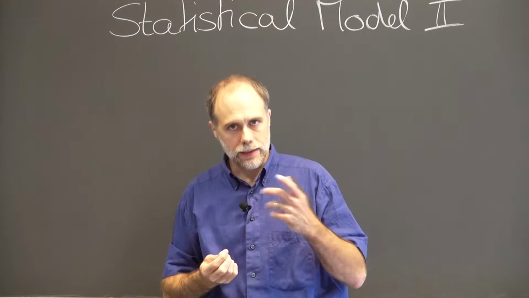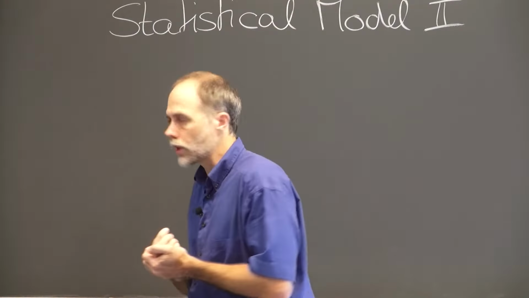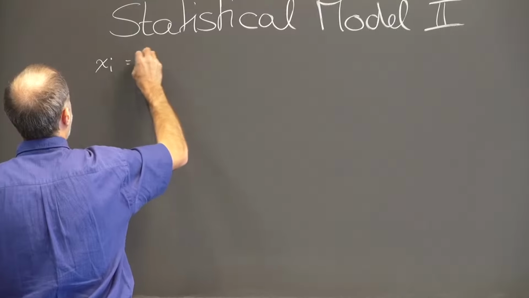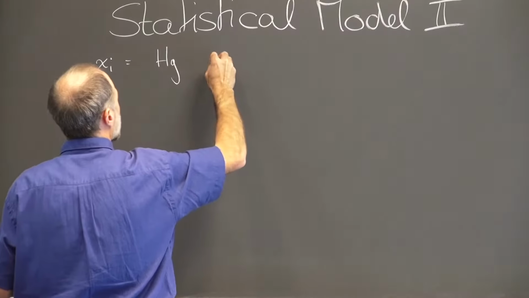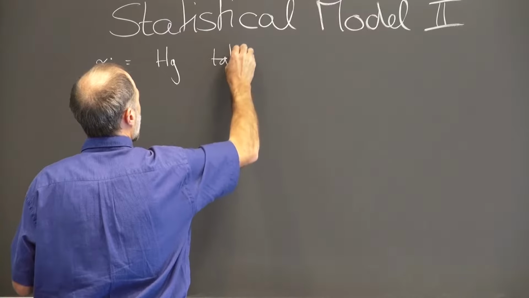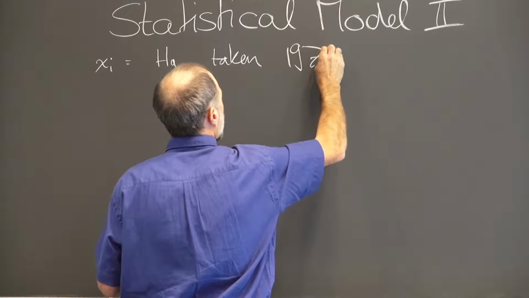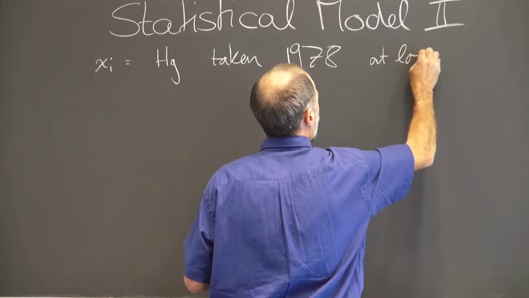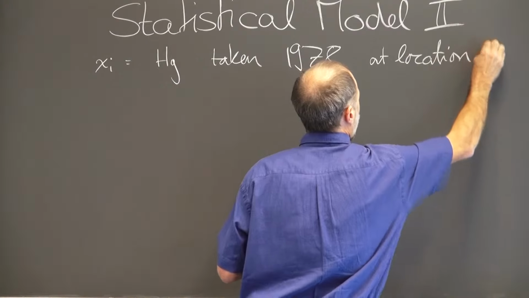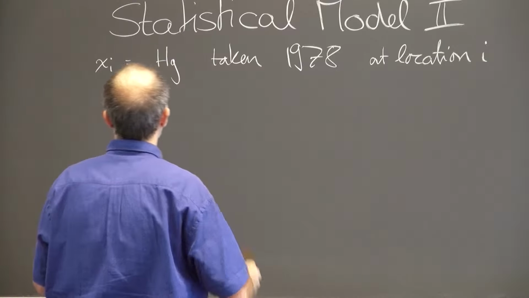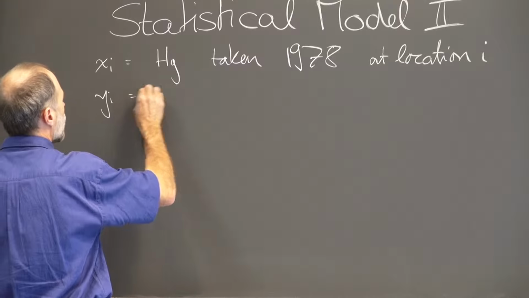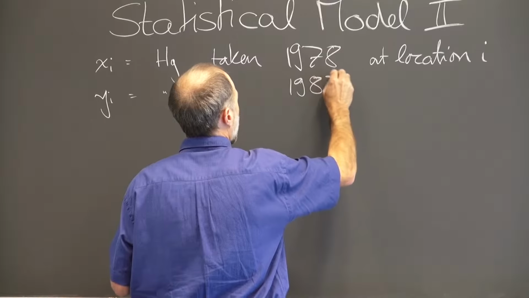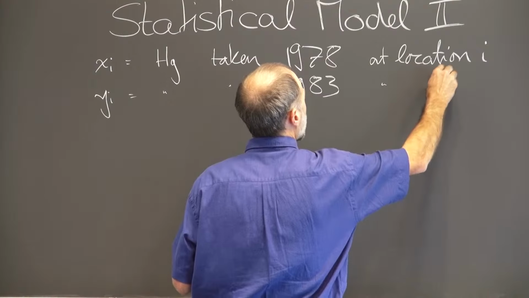As data, we have again our mercury content, and let's denote as Xi the mercury content taken in 1978 at location i, and as Yi the mercury content taken in 83 at, say, the same location.